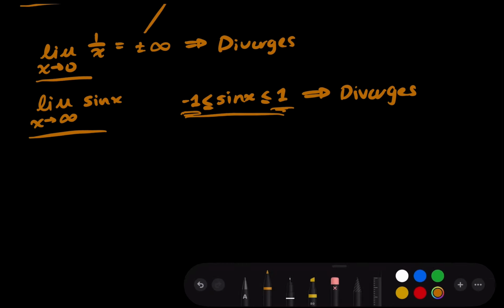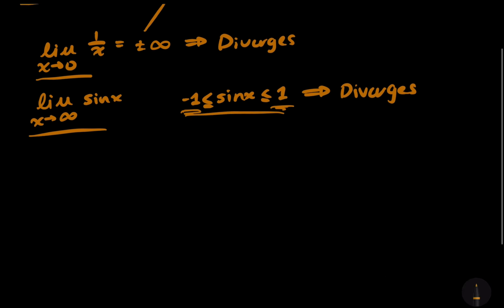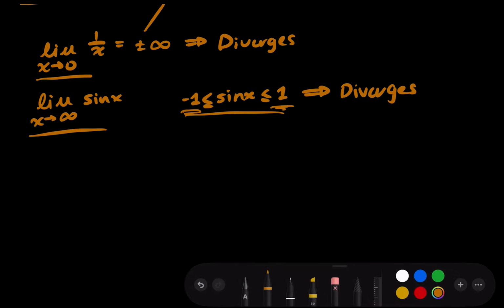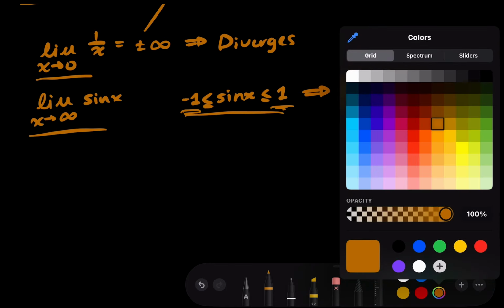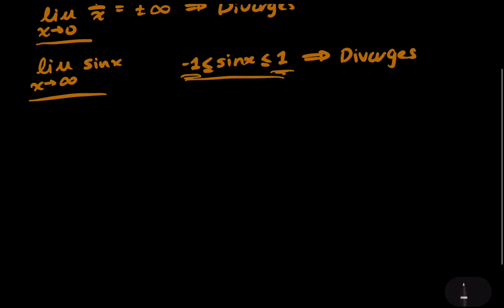Another example is something that diverges in the sense where we have a rational function in which both the numerator and the denominator diverge. I'm actually going to arbitrarily switch colors because why not? We have this notion of how fast a function diverges.